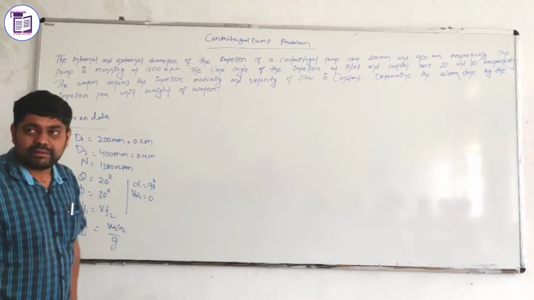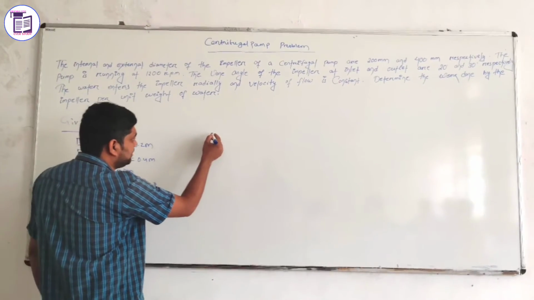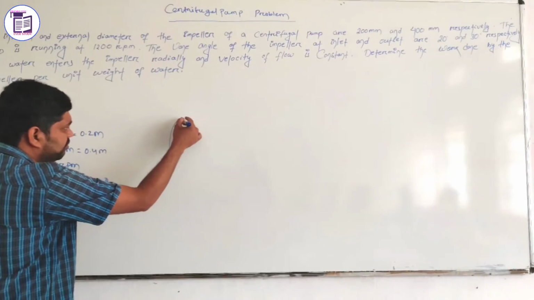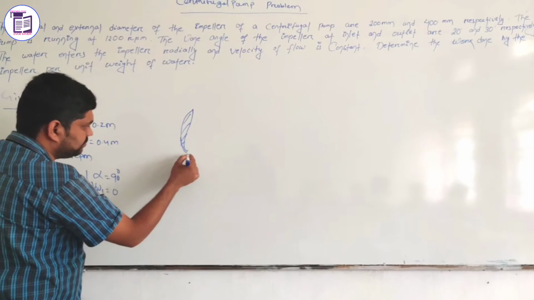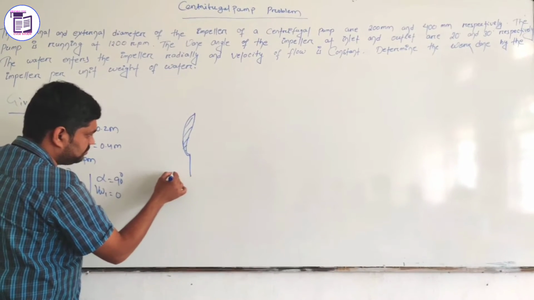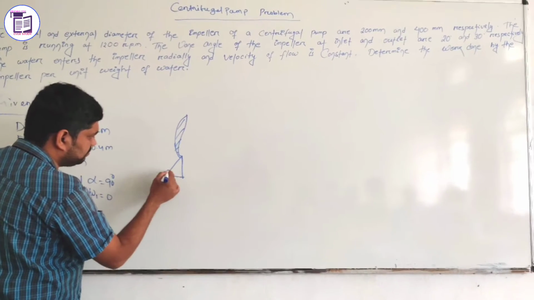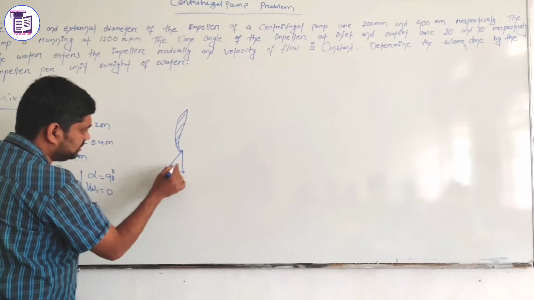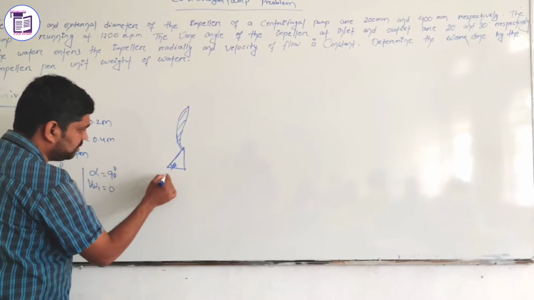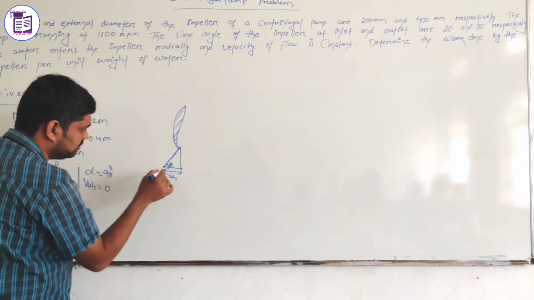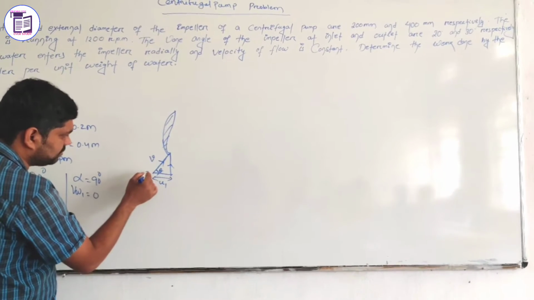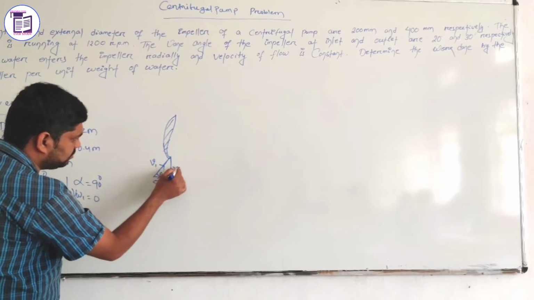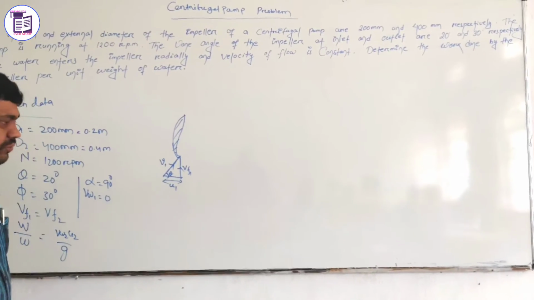Now draw the velocity triangle diagram. This is a backward curve vane. You draw the backward curve. This is your theta. This is U1. Vf1.